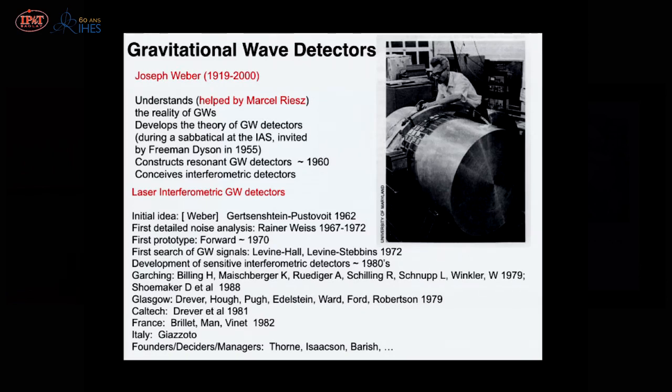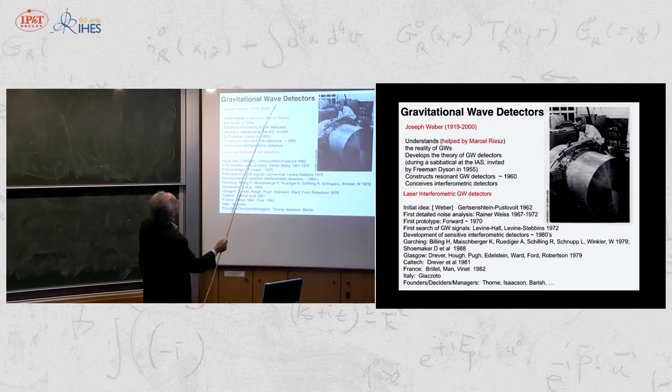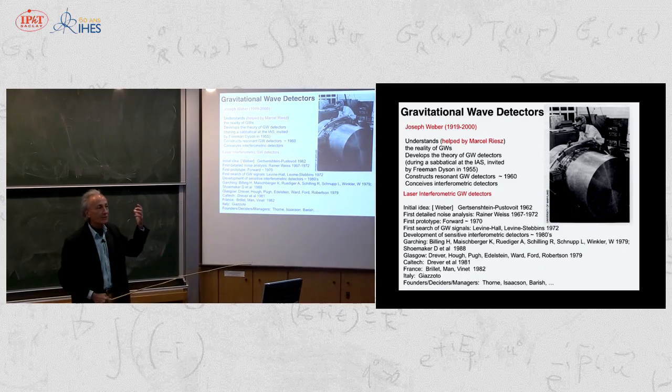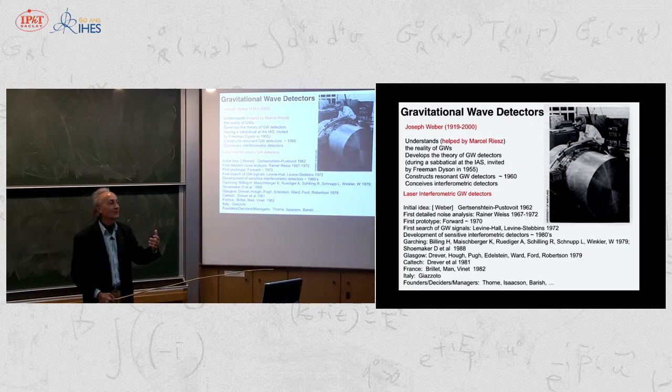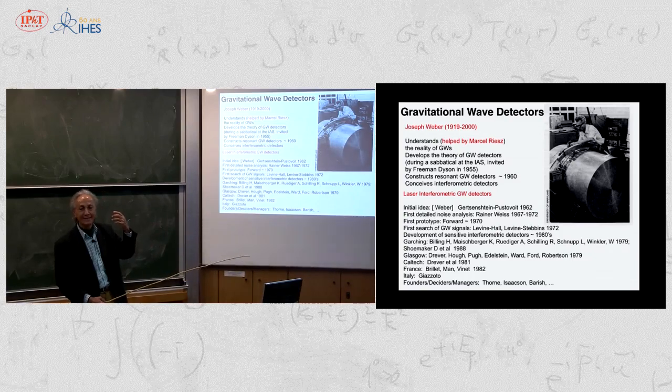So coming back to, just for you to know, the basic things in the history of gravitational waves. Joe Weber is the pioneer of gravitational waves. At a time where most physicists did not believe in the existence of gravitational waves, he said, let me construct a detector. He understood that these were real things, that you could detect them.